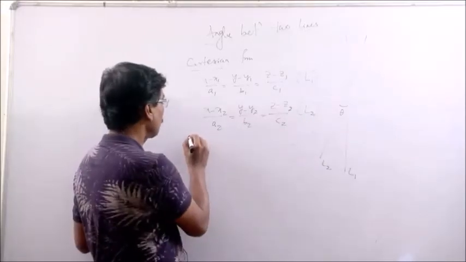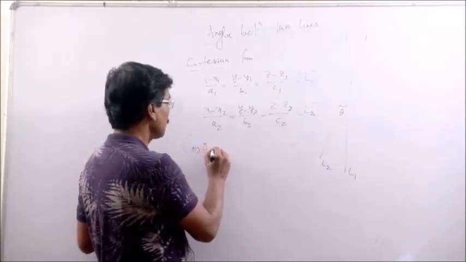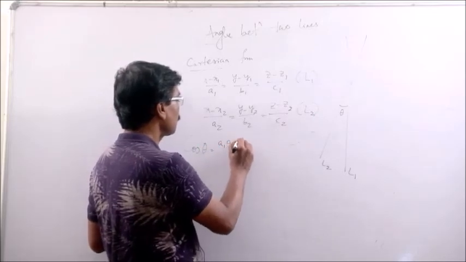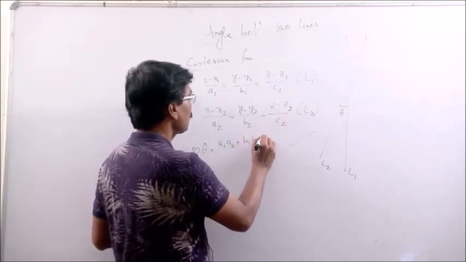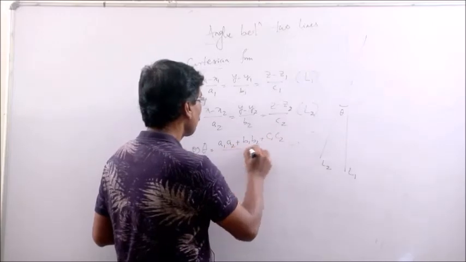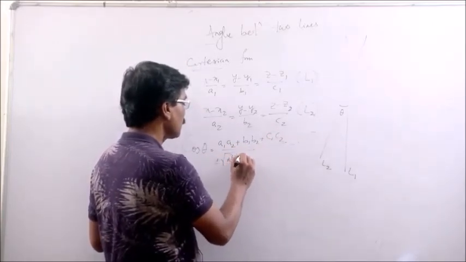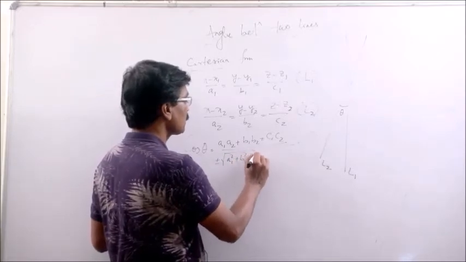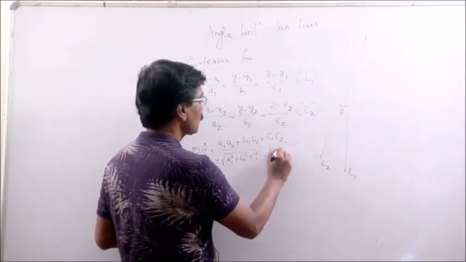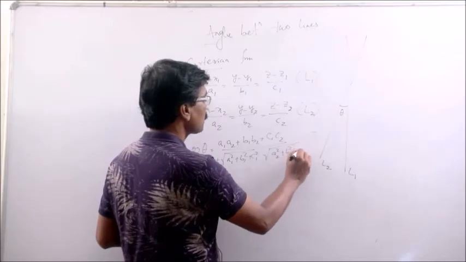So we have cos theta is equal to (A1 A2 plus B1 B2 plus C1 C2) divided by plus or minus the root of (A1 square plus B1 square plus C1 square)(A2 square plus B2 square plus C2 square).